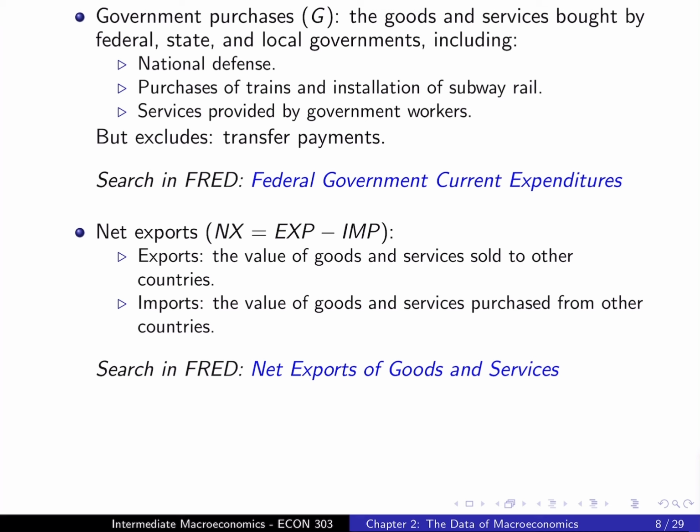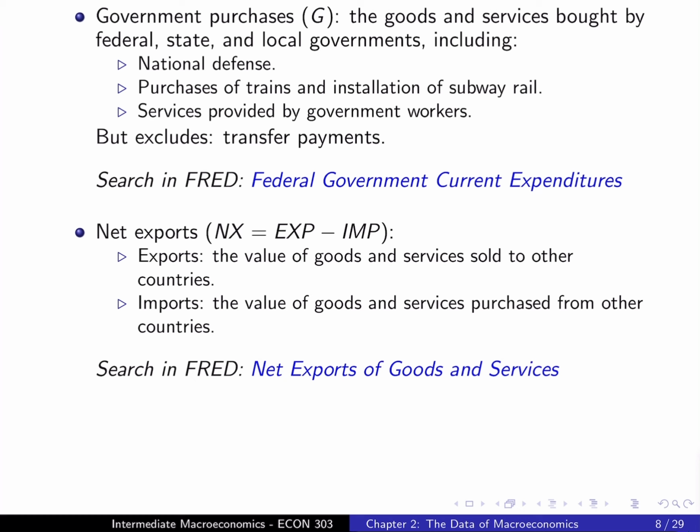However, this excludes transfer payments such as Social Security, unemployment benefits, and welfare, since these are not payments for goods or services currently produced. You can click the link to look up federal government current expenditures.